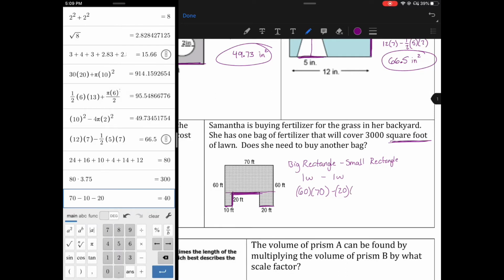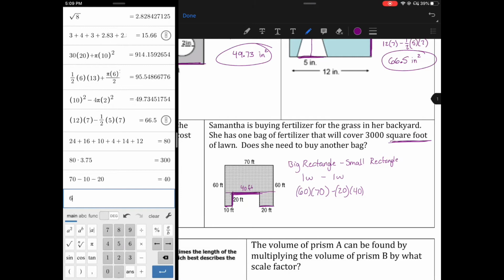I get a side of 40 feet. So then I can plug this equation into Desmos. So I'll do 60 times 70 minus 20 times 40. So altogether, that is 3,400 square feet, which means that Samantha does need to buy another bag.